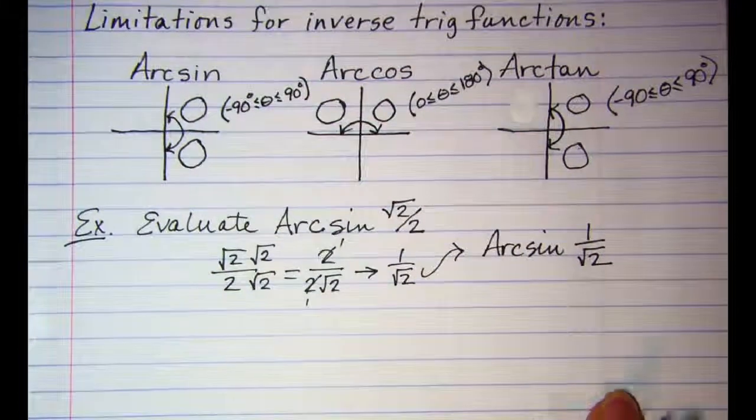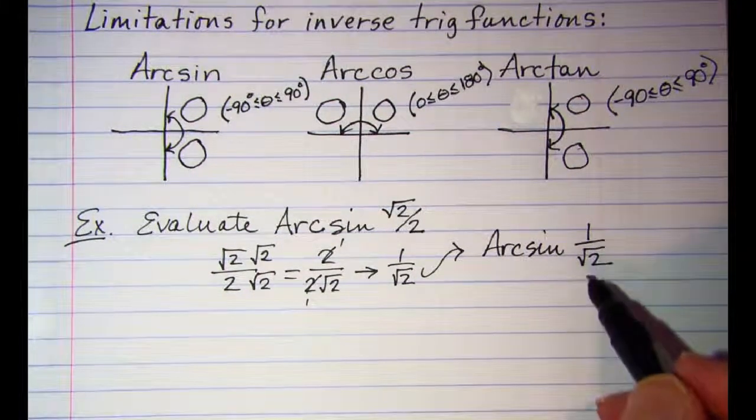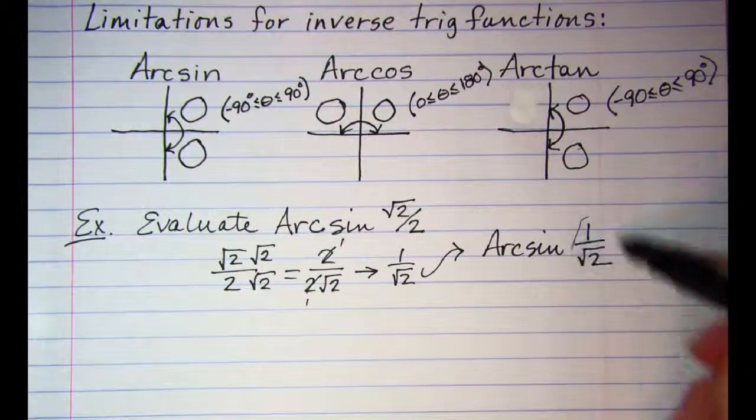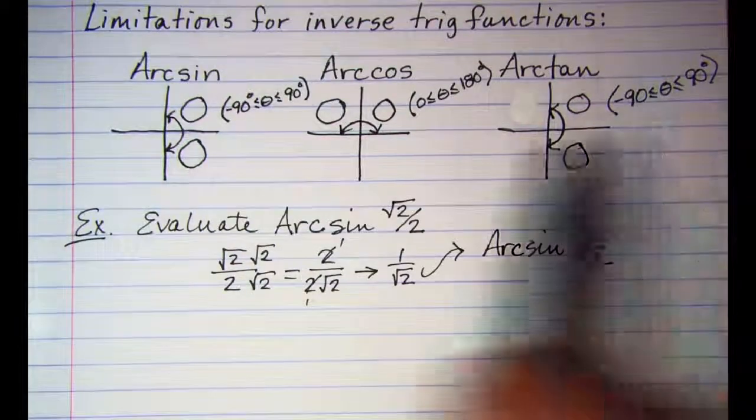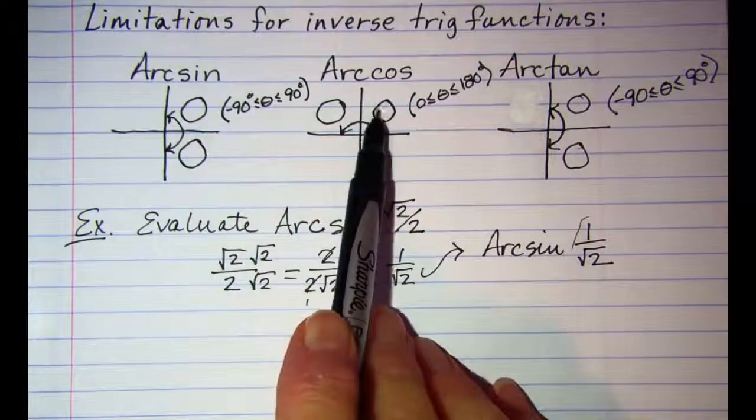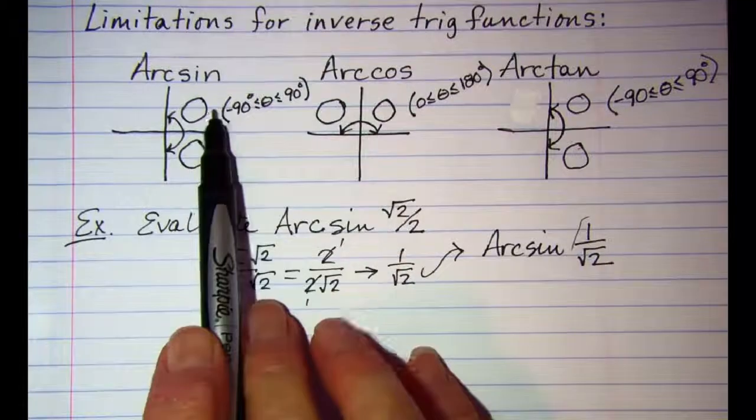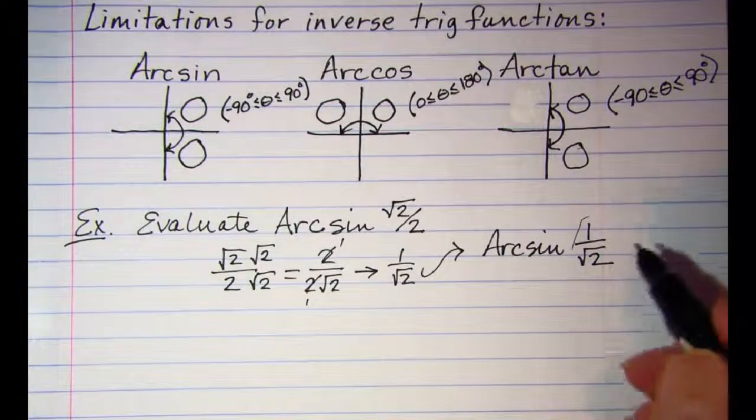So I'm looking for the angle whose sine is 1 over root 2. Now this ratio is positive, so I'm going to be in quadrant 1. Anytime your ratio is positive, your angle will come from quadrant 1 for the inverse function.